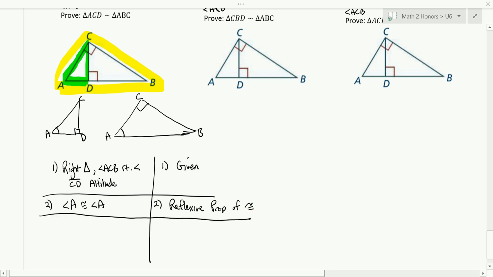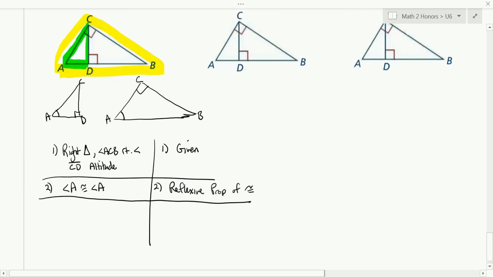What else can we say? Okay, so we already have one of them. We got ACB is a right angle. We just need the other one. So angle, what's the other one? ADC. Angle ADC is a right angle. Why? Definition of altitude.